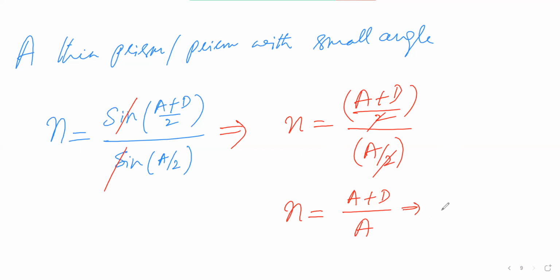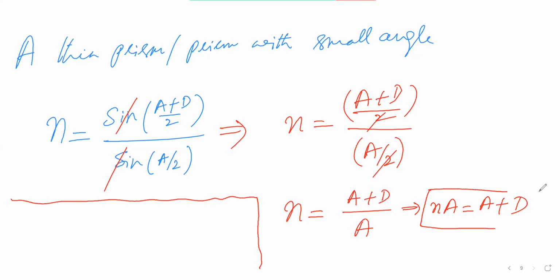So now what will happen here? It will get cross multiplied. nA equals A plus D. Is it right? Yes, sir. Now you can keep it in the box. Furthermore, nA minus A equals D. I'll take A to this side, so plus will become minus. So now D equals, taking A common outside, A times (n minus 1).